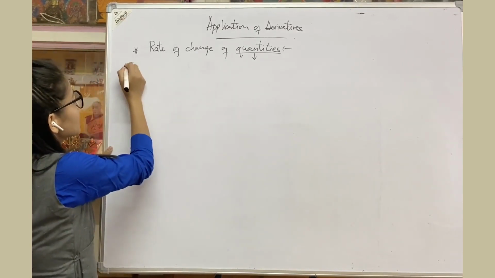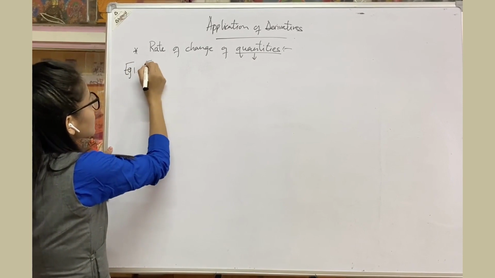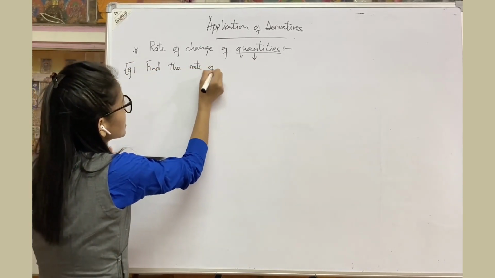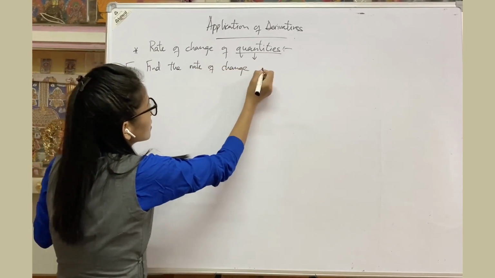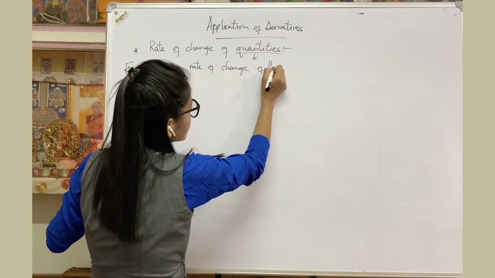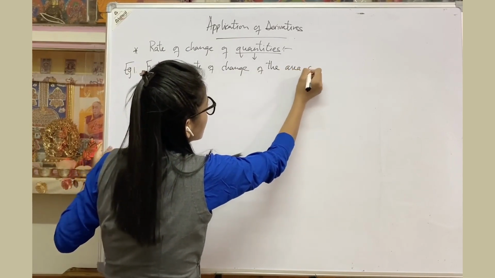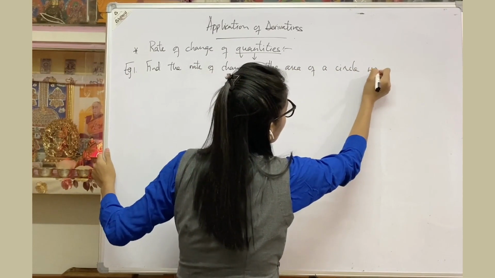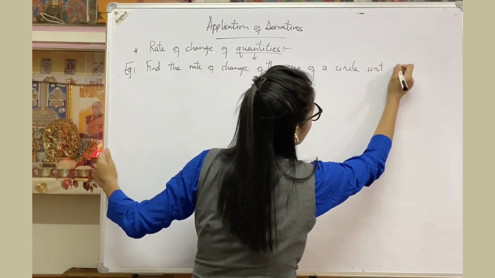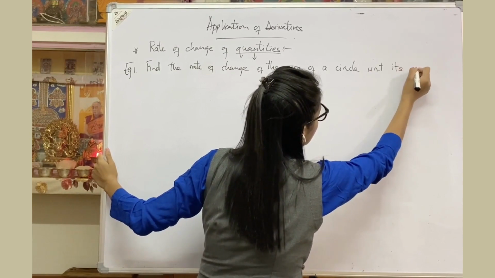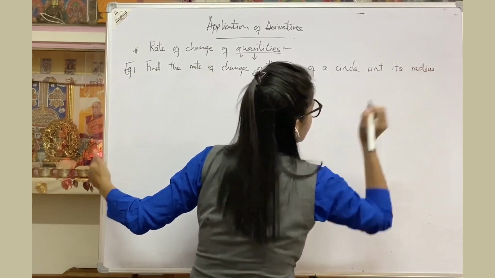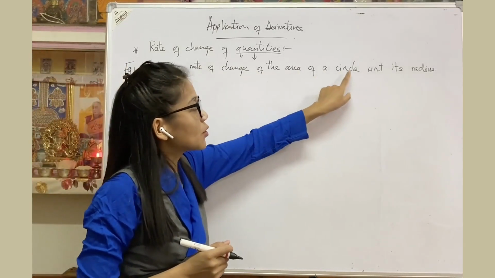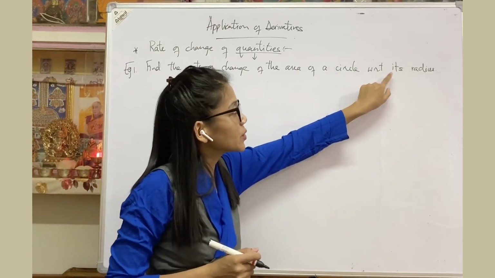Example 1: find the rate of change of the area of a circle with respect to its radius.